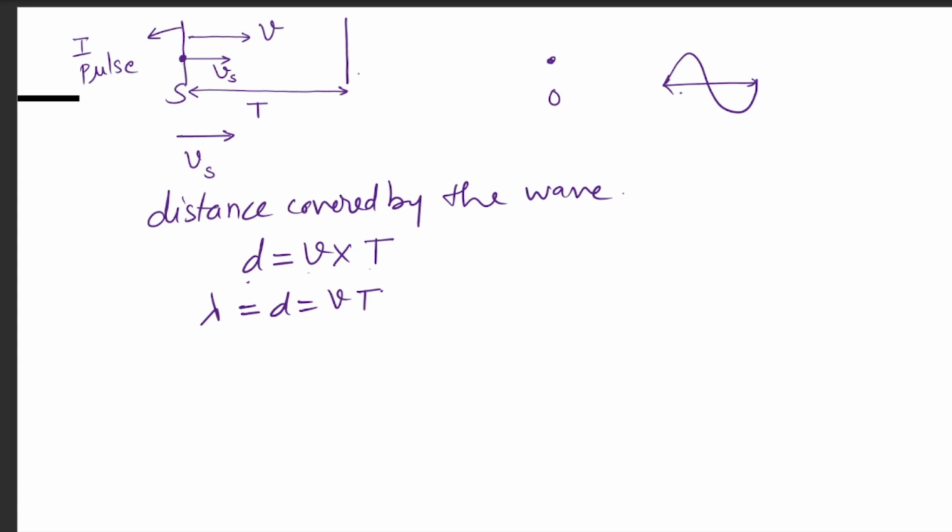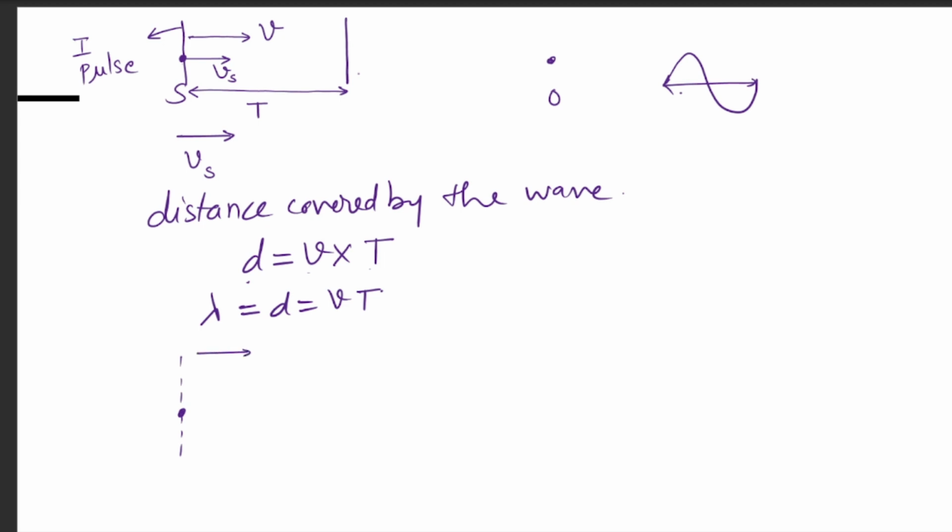But as this source is also moving with a certain velocity, which is given to us, let me draw a new diagram. Imagine this is the initial condition when the source is emitting the sound and sound is traveling forward.